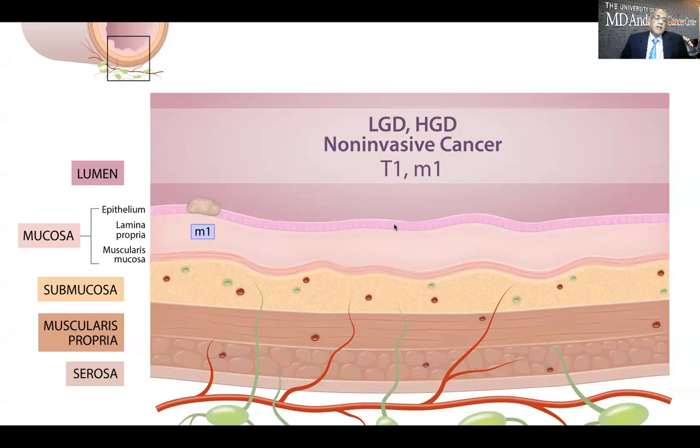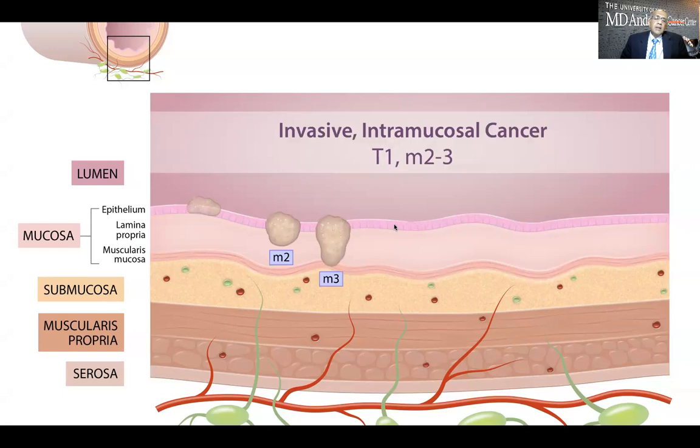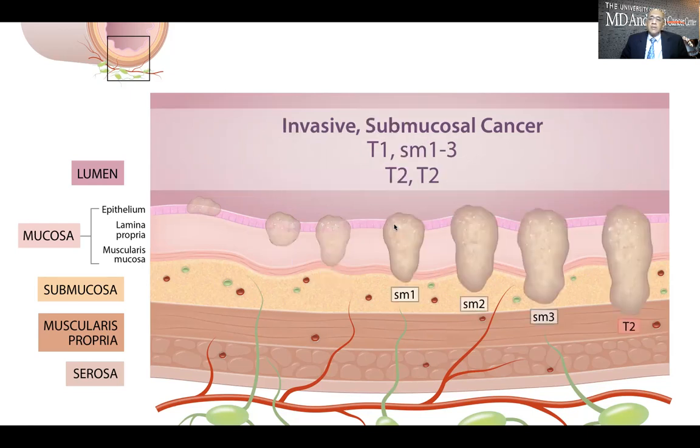If it is limited to the epithelium, or whether it goes into the lamina propria, and sometimes with advances in the stage, it can penetrate the muscularis mucosa, enter the submucosa, when we call that adenocarcinoma. And if you understand this process, you will be able to manage your patients with colon polyps better.